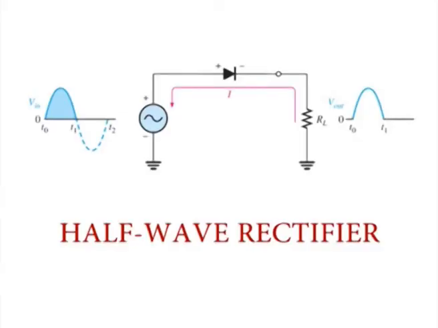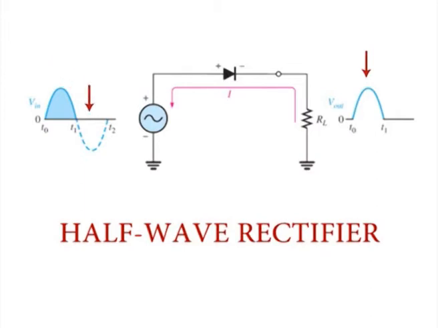When the sinusoidal input voltage, that is Vin, goes positive, the diode is forward biased and conducts current through the load resistor as shown. The current produces an output voltage across the load RL, which has the same shape as the positive half cycle of the input voltage.